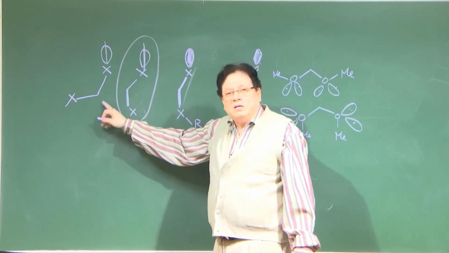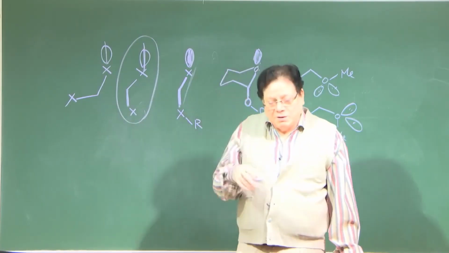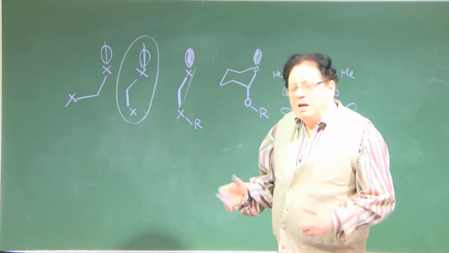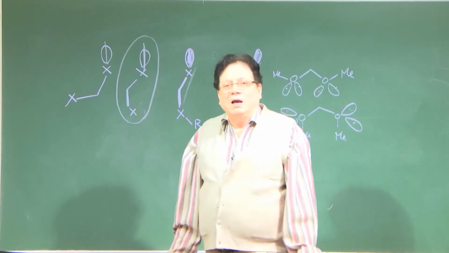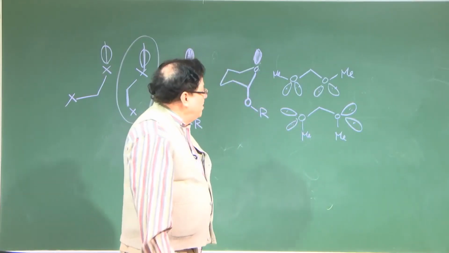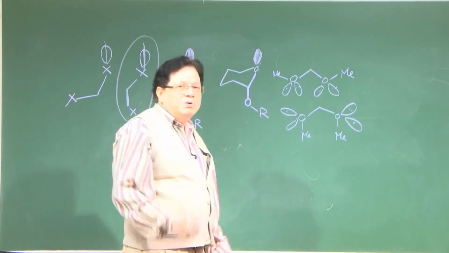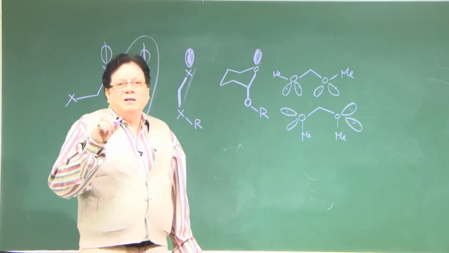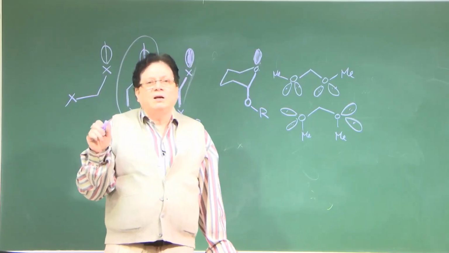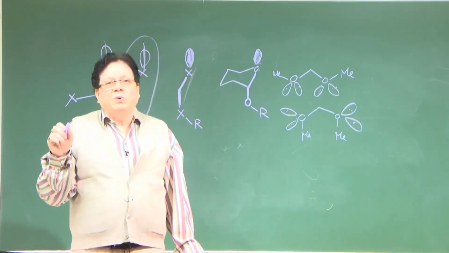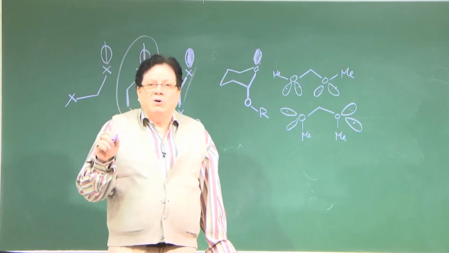So, this concept is very important, because sometimes you may be asked how many anomeric effects a molecule can have. The way to find out is that you have to check the lone pair and then see whether there is a beta bond which is attached to another heteroatom and that is anti to it, then only you can have an anomeric effect.